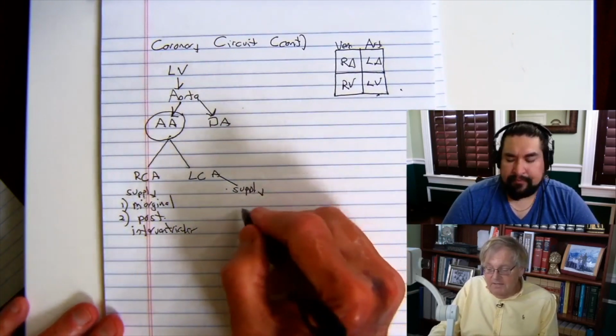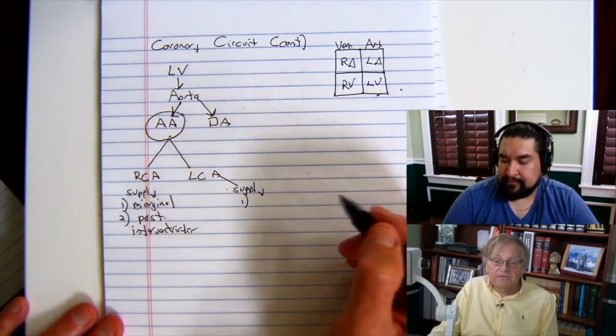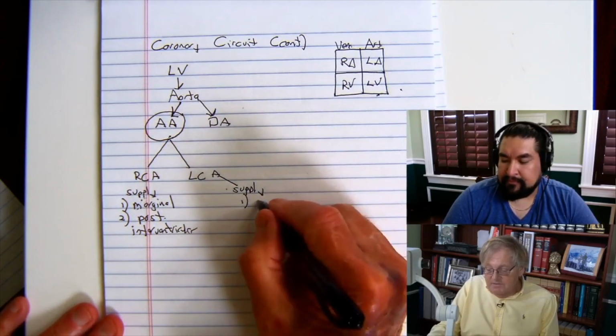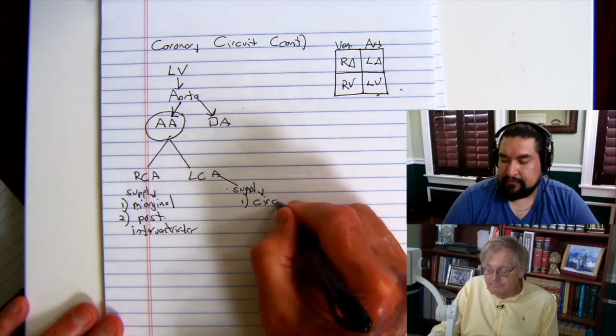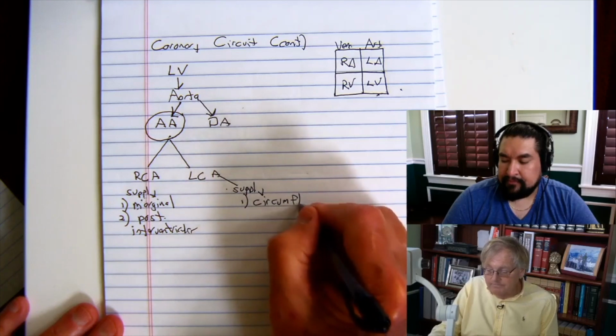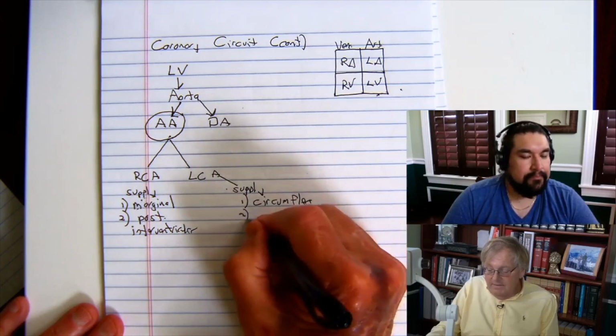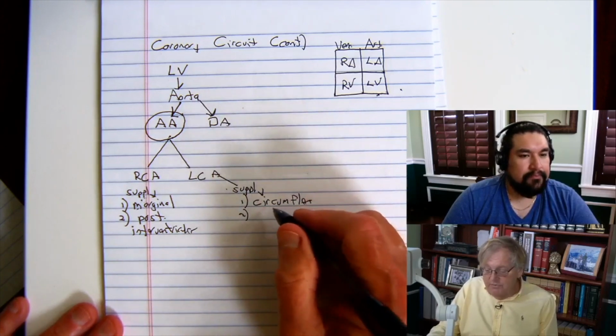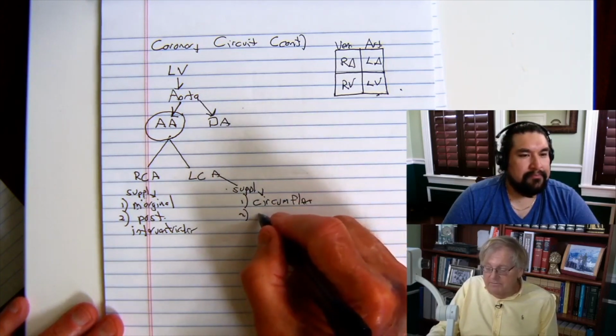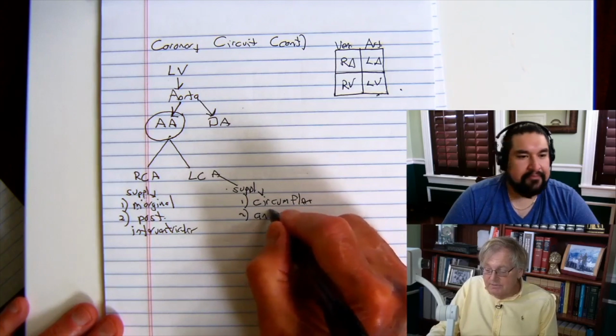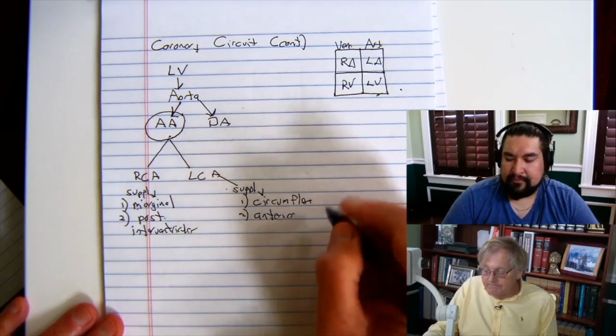It's going to supply two vessels, and those two vessels are going to be the circumflex artery and the next one, which probably everyone's heard about. I'm going to give you a couple different names. It's called the anterior interventricular.